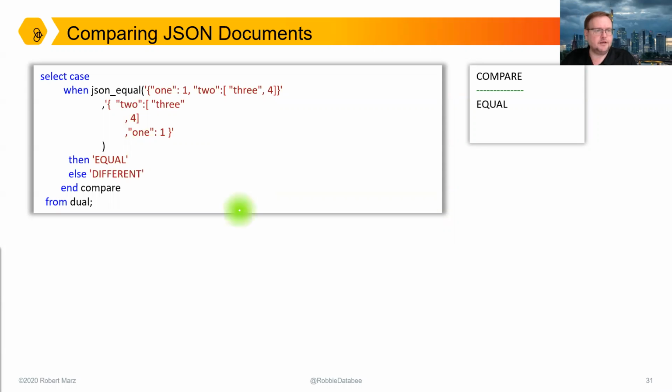And the order of those elements inside the JSON document isn't important as well. Those are unordered lists. If you remember on the first slides, JSON objects are unordered lists. So the order of those elements doesn't count, and therefore those two JSON documents are equal.